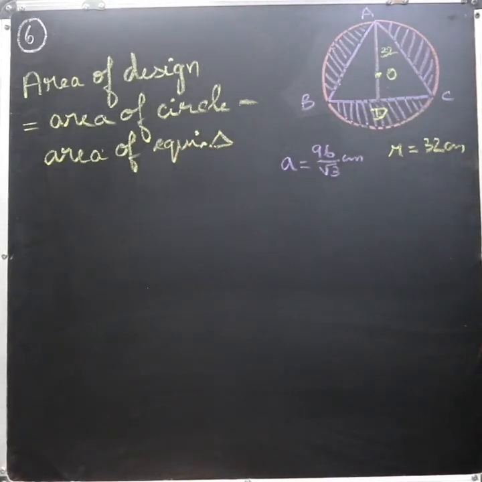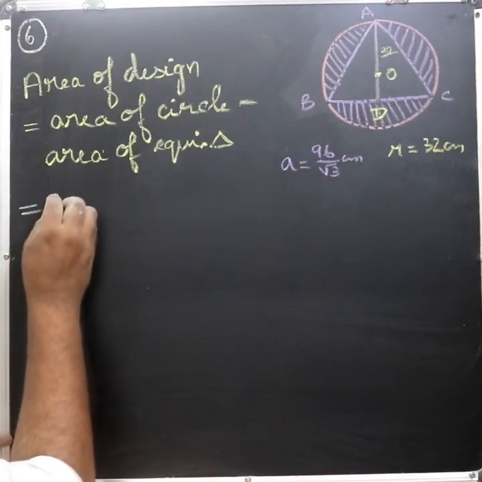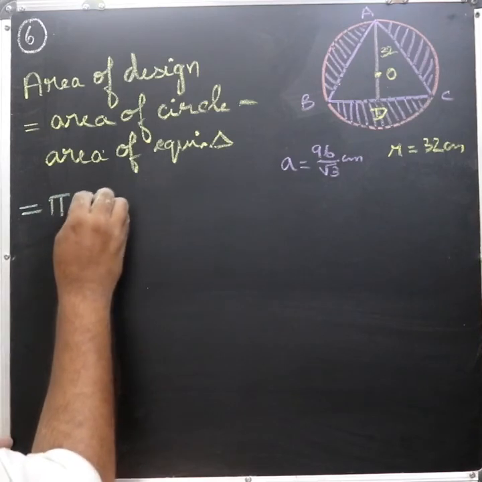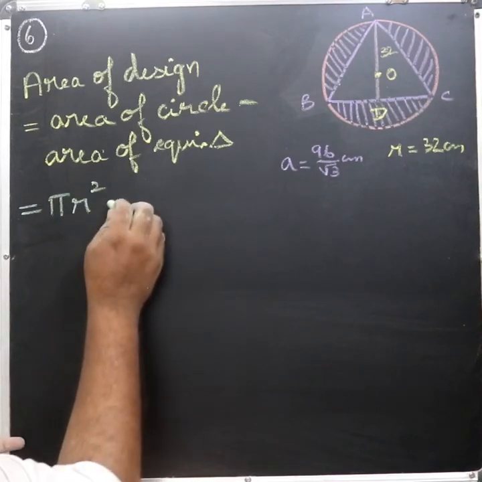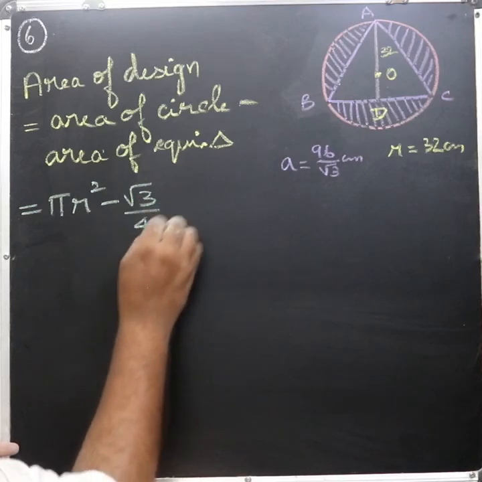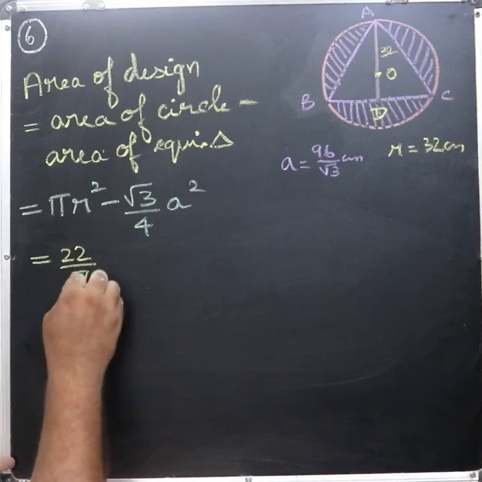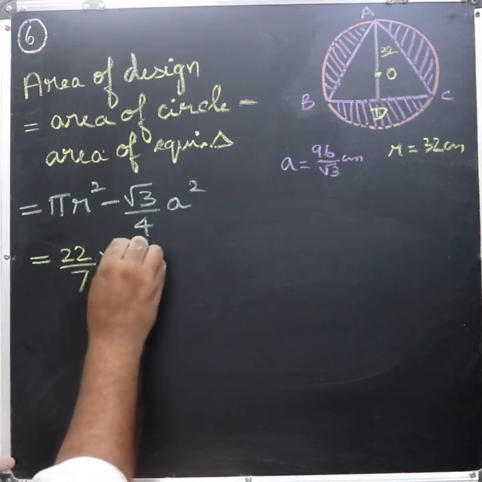Now we will substitute the formula. The formula for area of circle is pi r square, and the formula for area of equilateral triangle is root 3 by 4 a square. Pi value is 22 by 7, r is 32.